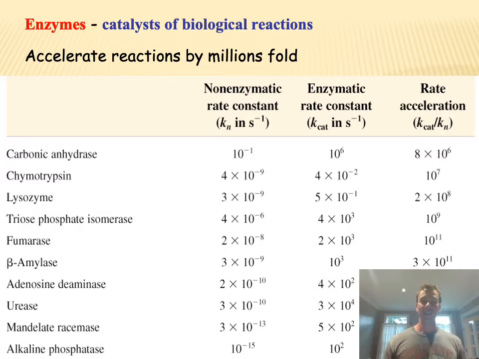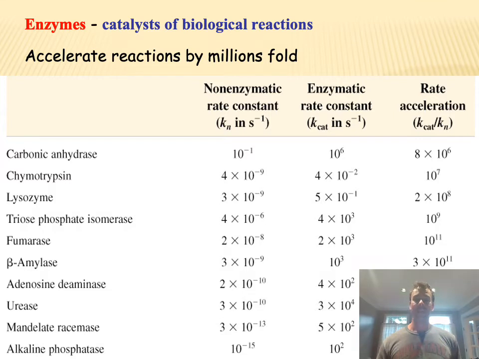Another example being chymotrypsin. We'll talk about chymotrypsin throughout this lecture, using it as an example along with trypsin. So without the enzyme, you see a very, very slow reaction. So this is a protease where this peptide substrate or the protein substrate gets cleaved.